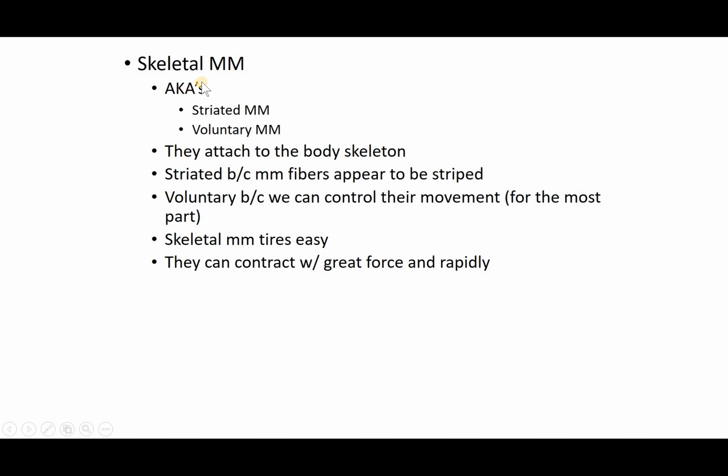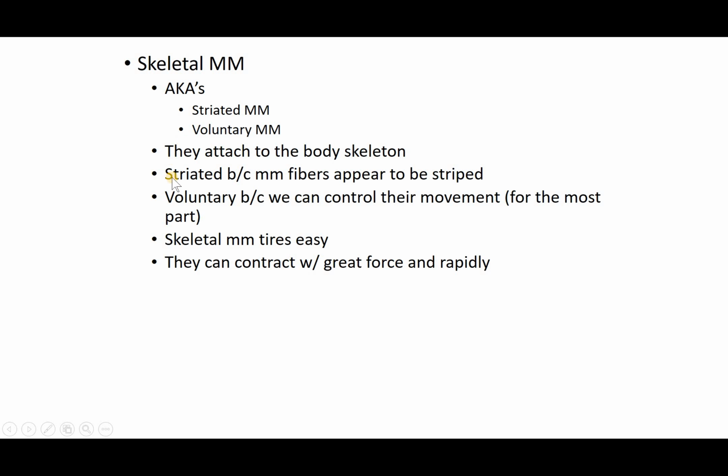Okay, skeletal muscle is also known as striated muscle and voluntary. Voluntary because we can control our skeletal muscle movements on purpose. Smooth muscle and cardiac muscle you do not control on purpose, so that would be considered involuntary.